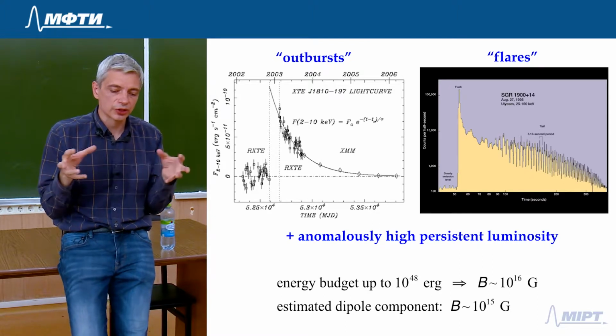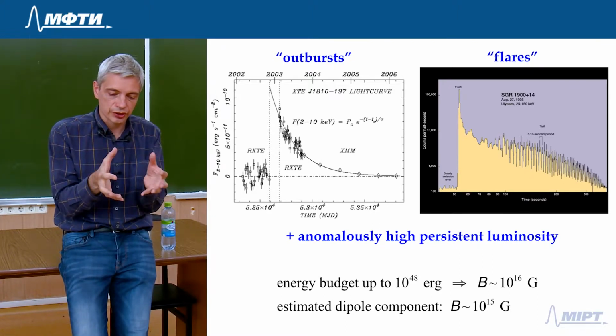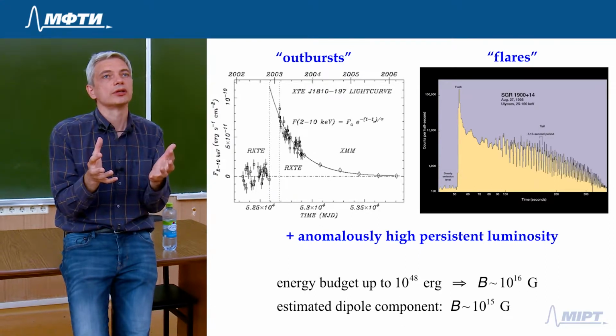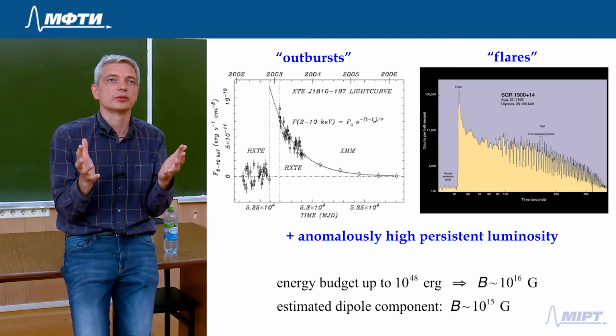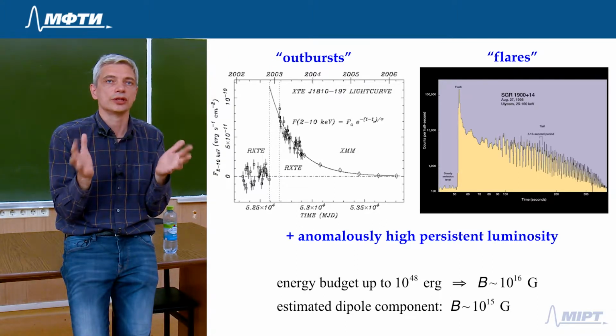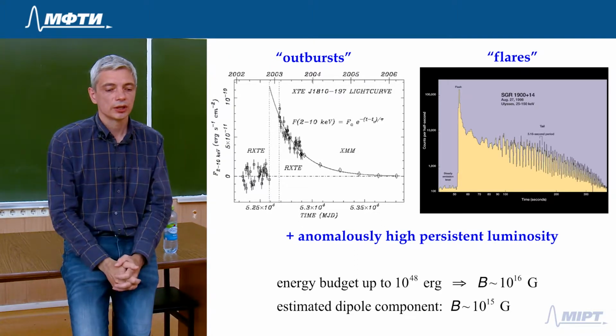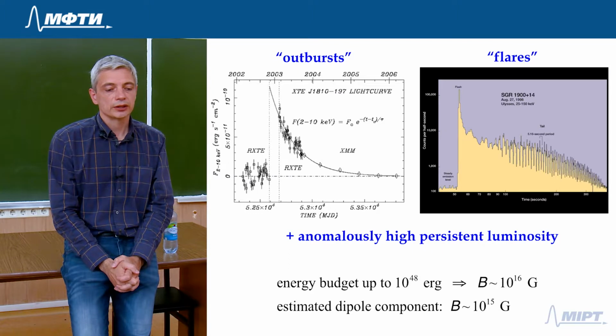Many outbursts. If you sum up all this energy output, you can calculate the energy budget of the thing, that is how many ergs have been radiated over the age of the system. And you would come to a number something like 10 to the 48 erg. So if it's magnetic, from that you can estimate the magnetic field that has to reside in the star to supply this energy. And this will be 10 to the 16th Gauss.